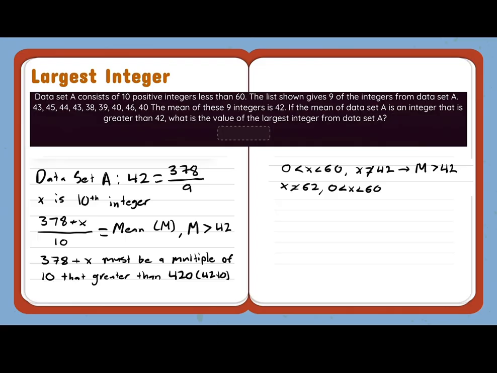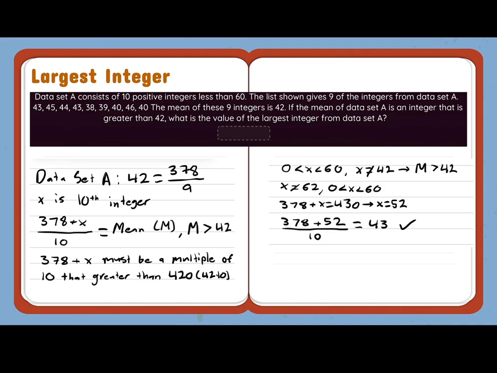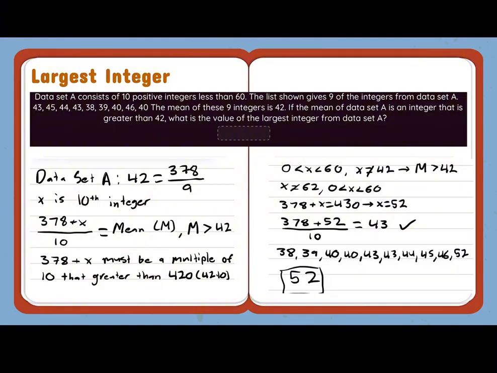And it can't be 62 because it goes over 60. So in order to make our data set total 430, because we are dividing by 10 with the 10 integers, we find that x equals 52. So we do know that 52 is the largest integer from this data set here.